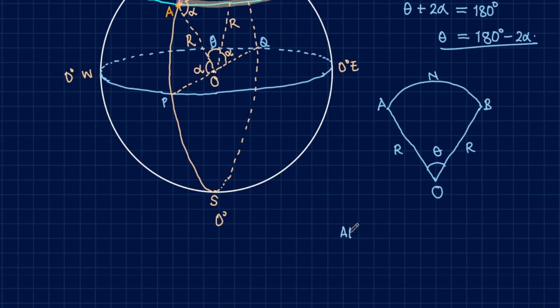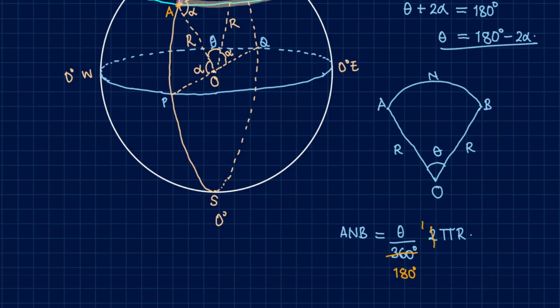Therefore, the arc ANB is given by our angle at the center, that is theta, over 360 times the circumference of the great circle, which is twice pi R. So we can go ahead and reduce by 2 to 1. By 2, we also get 180 degrees.